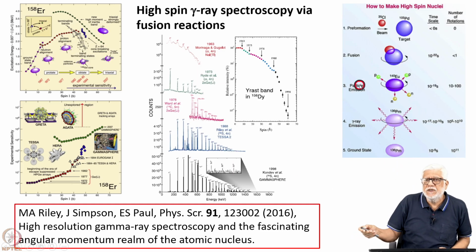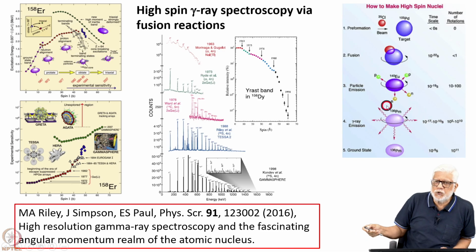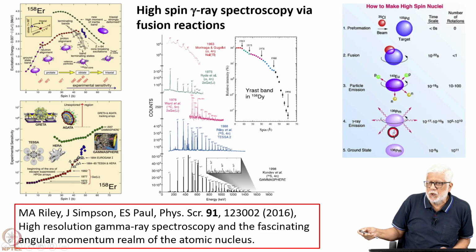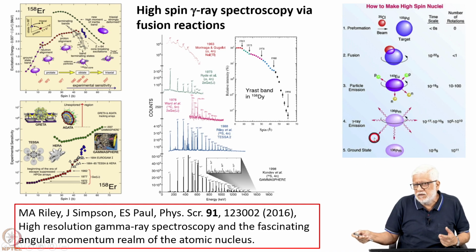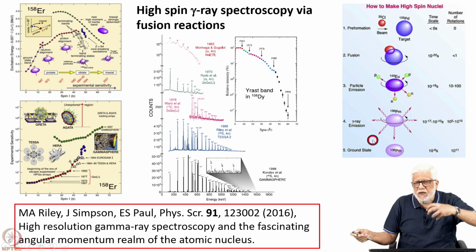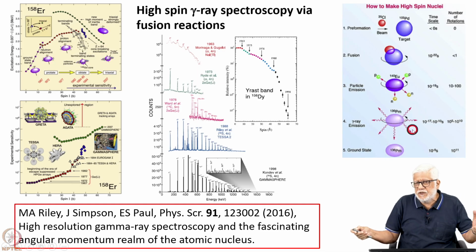This kind of de-excitation happens on the time scale of picoseconds, or even somewhat smaller than that. As you come down, of course, the time scales slowly start increasing. You get hundreds of picoseconds and then nanoseconds and so on. If there are isomers, of course, they can live much longer, and that can happen if you get caught in a state which has a very different structure from the nearby states.